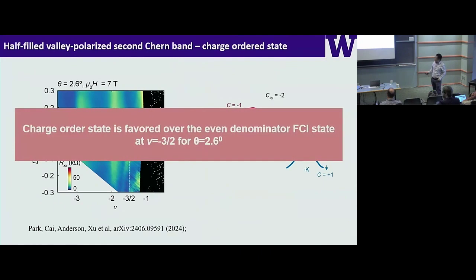The point is we haven't seen any evidence of non-abelian states. We see a charge order state is favored over these predictions, but it doesn't mean the prediction is wrong, because we had these particular twist angles, and we know all these effects have strong twist angle dependence.